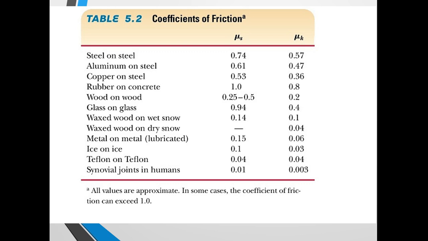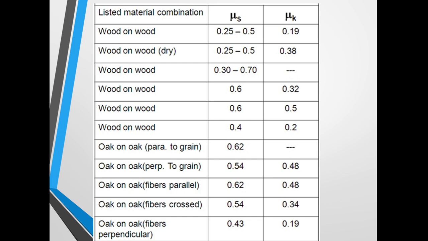Here we have a table of general coefficients of friction, which we don't need to refer to too much, so we're going to skip over this pretty quick. And another similar one. So for example, when you have wood dragging on wood, you've got a coefficient of static friction somewhere between 0.25 and 0.5, whereas your coefficient of kinetic friction is only 0.19, meaning that it's going to take less force to keep that wood on wood moving than it will to initially get it started.